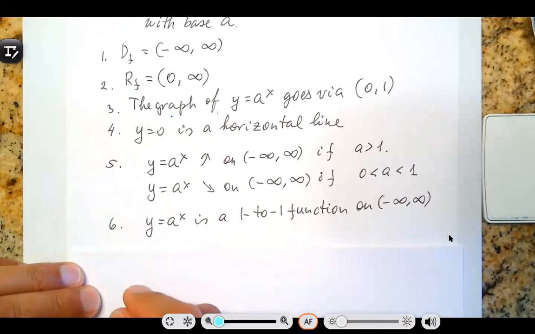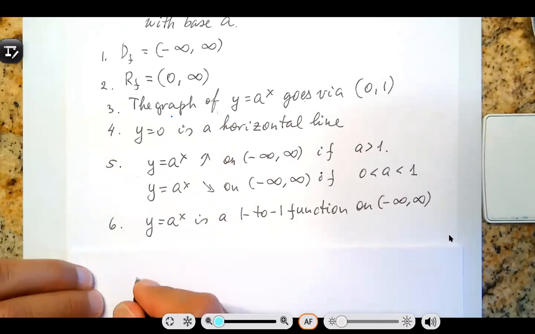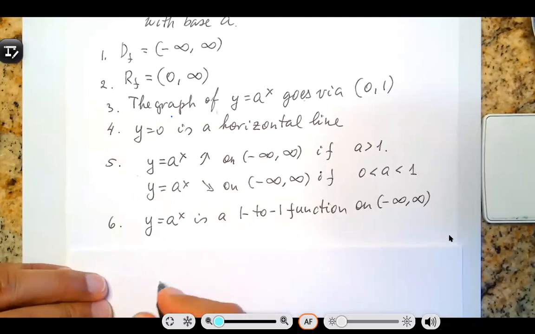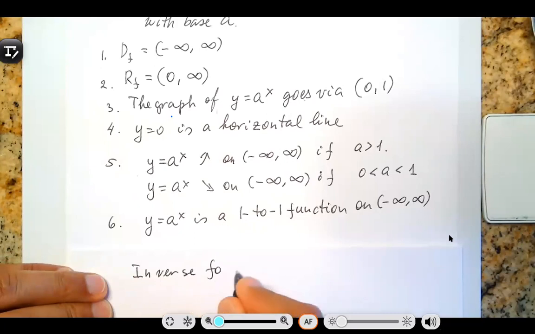So let's find the inverse first. The inverse for y equals a to the power of x exists.